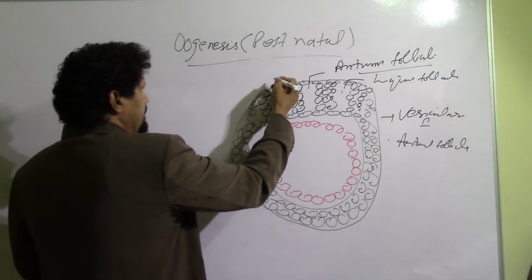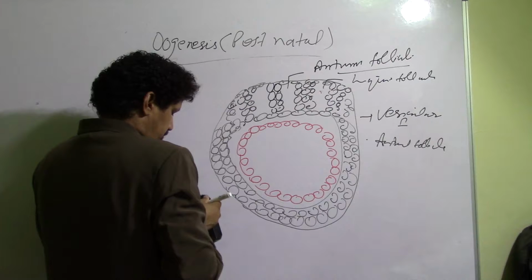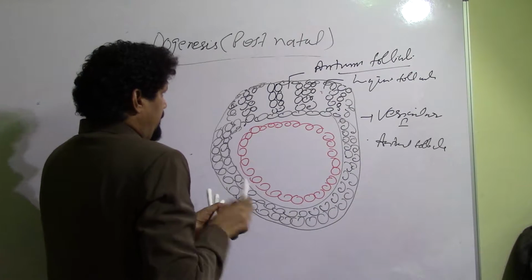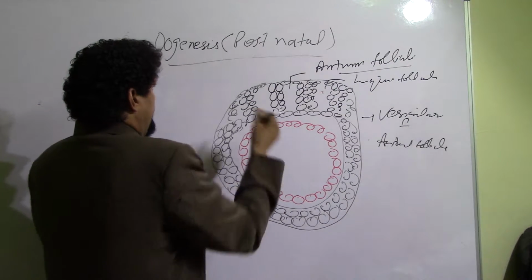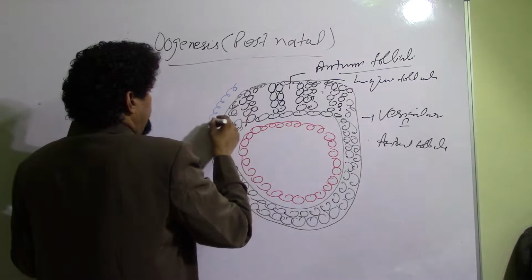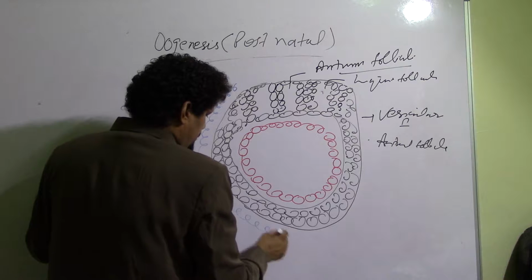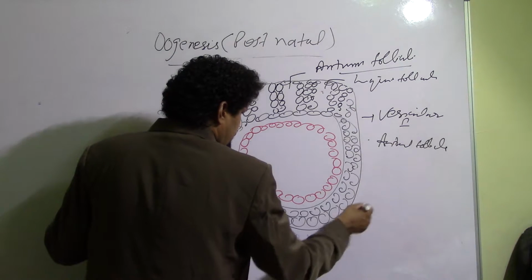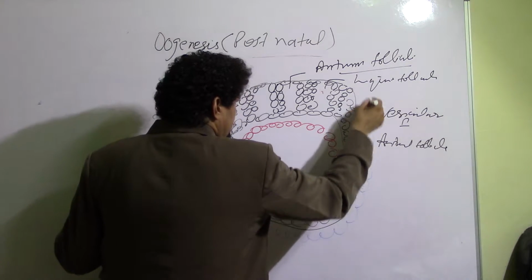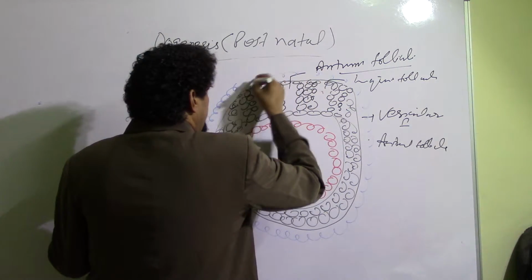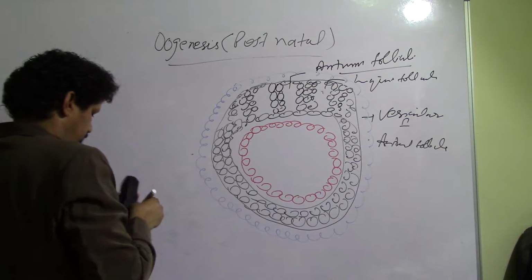Here the stromal cells start condensation, and these condensed cells of ovary stroma are known as theca folliculi.